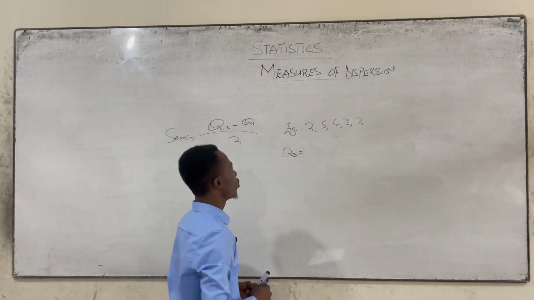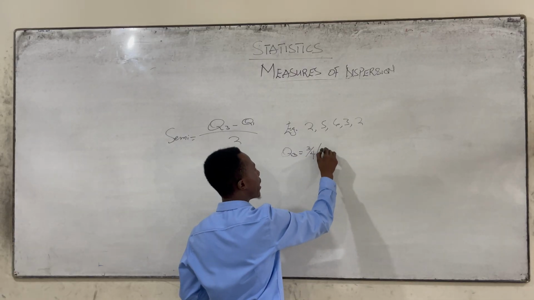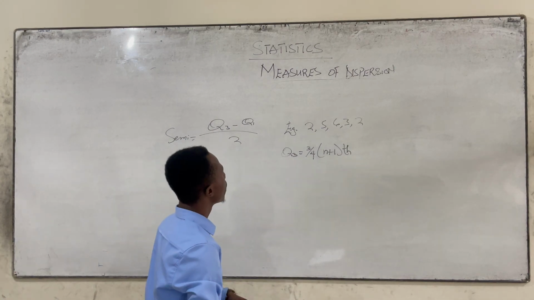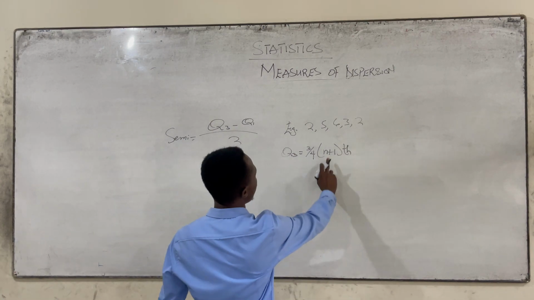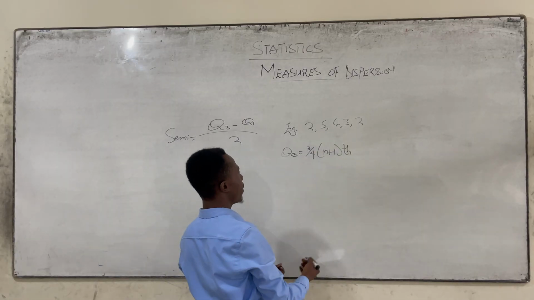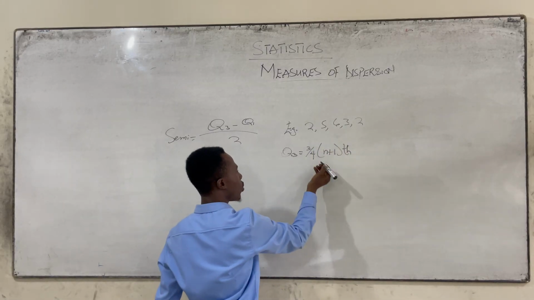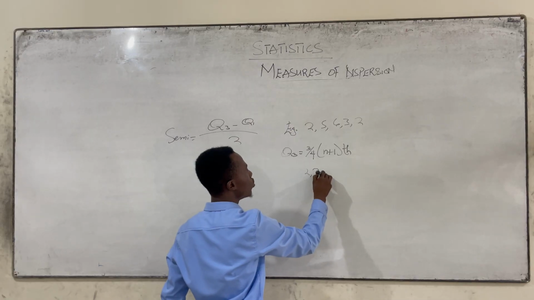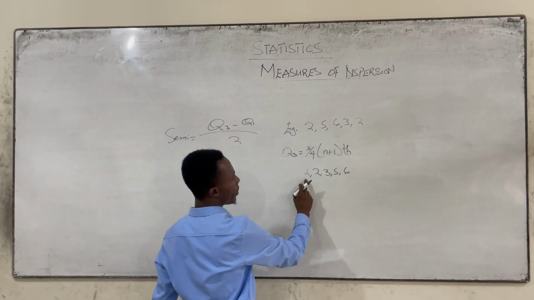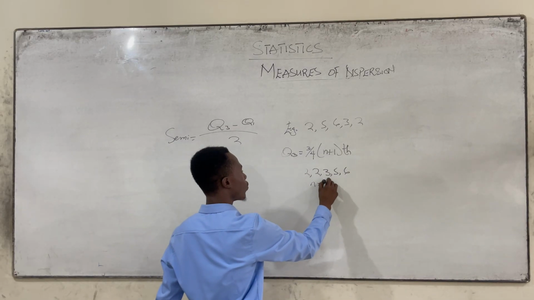Your Q3 is equal to 3 over 4 multiplied by n plus 1, th. Before you start calculations, you have to arrange the data in ascending order. Ascending order will be 2, 2, 3, 5, 6. The number of observations is 1, 2, 3, 4, 5, so our n is equal to 5.